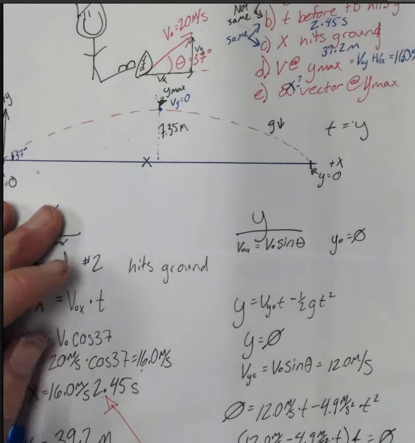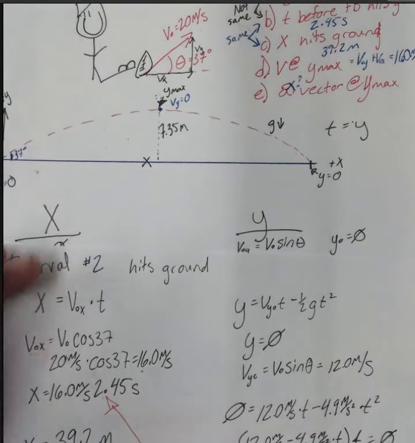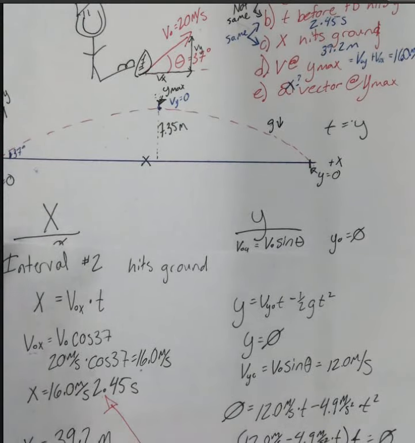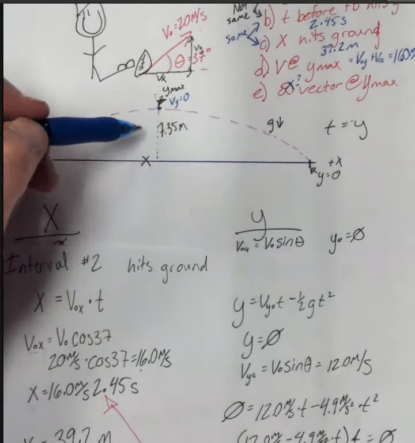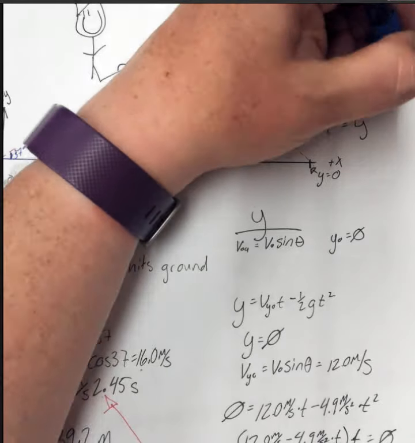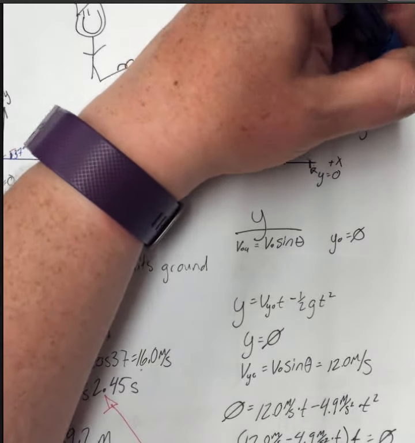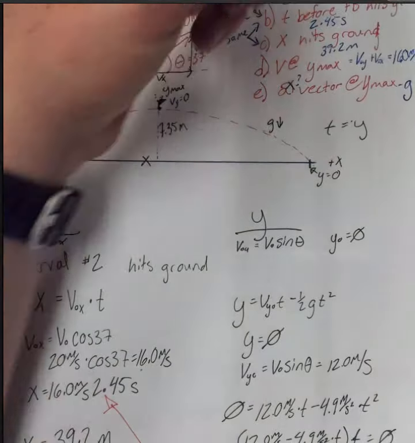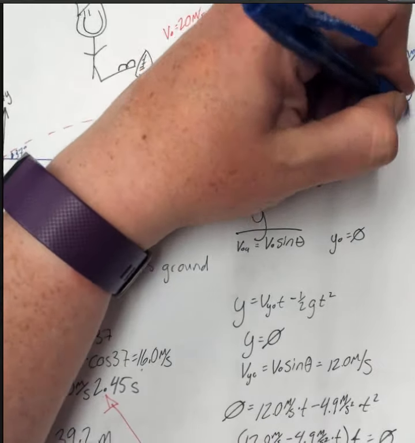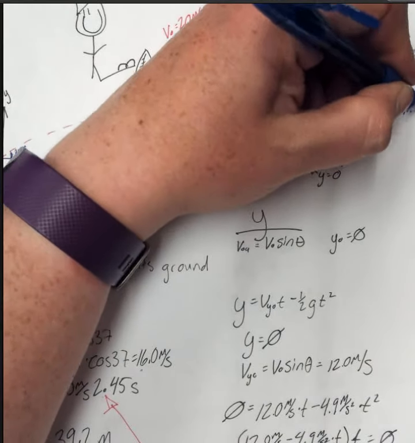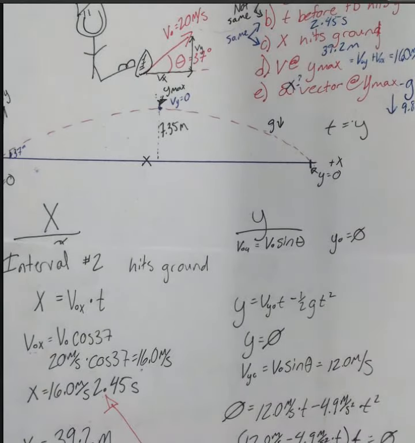And then acceleration at the top, well, the only acceleration that's happening is the acceleration due to gravity, and that's completely down, so that means that the vector is going to be a g downward, and that would be a 9.8 meter per second squared valued vector right there.